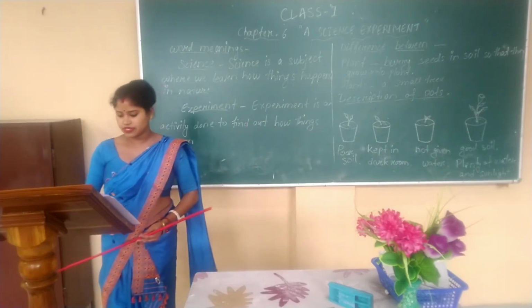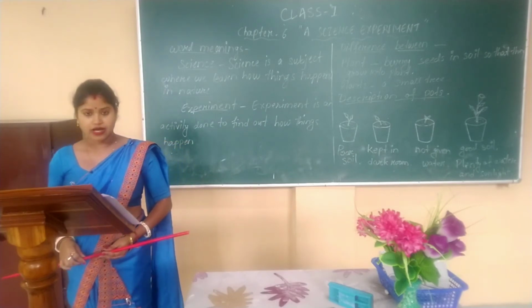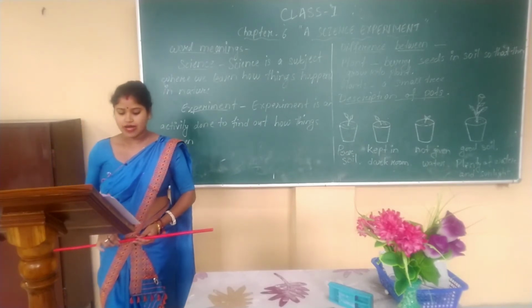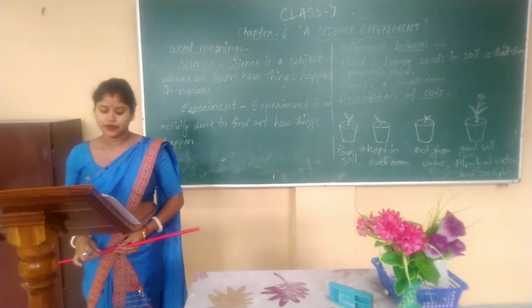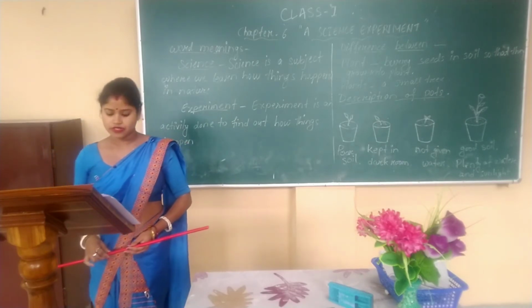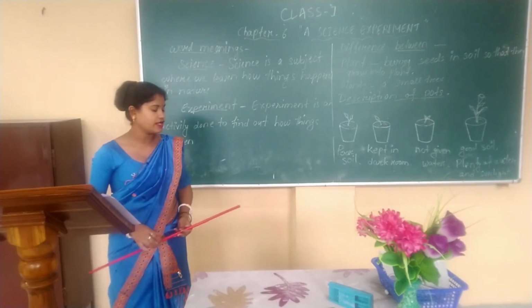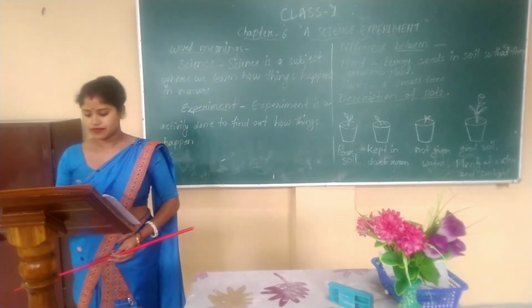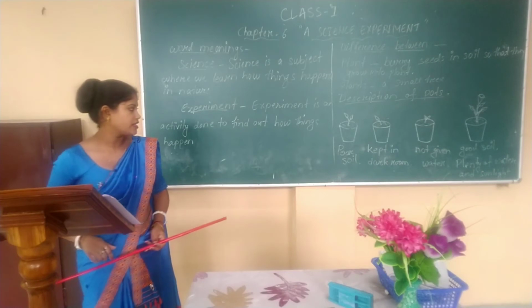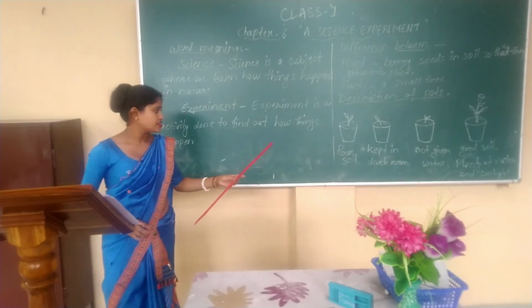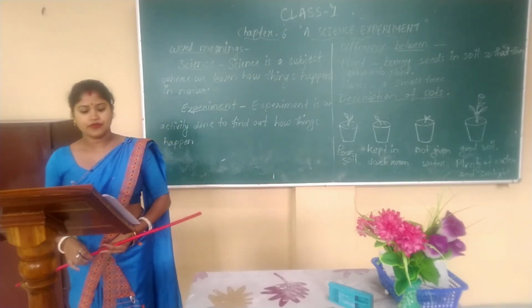So coming back to the lesson, one Saturday Mrs. Rao put all the 4 pots on her desk and wrote a short note on each of them. In the first pot it was written, seeds planted in poor soil.